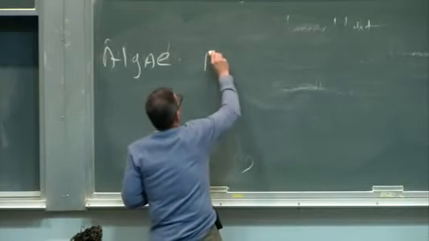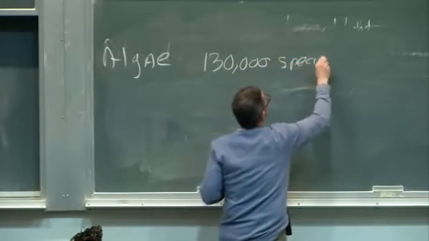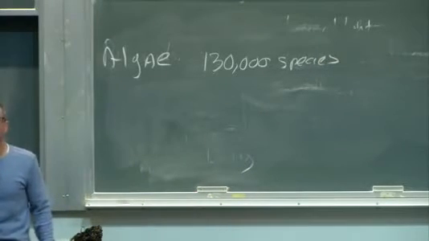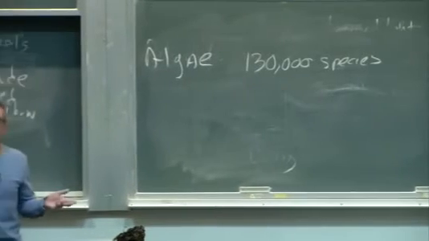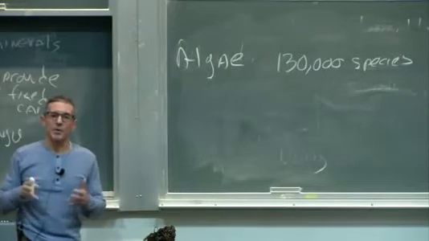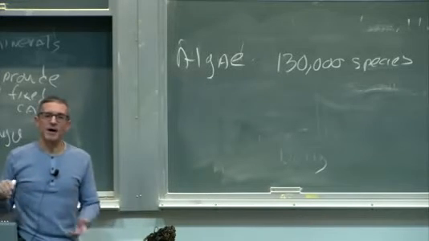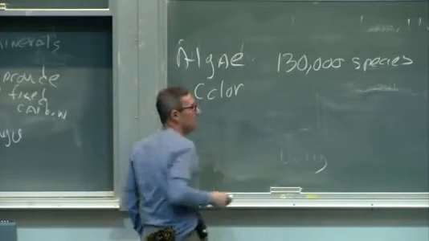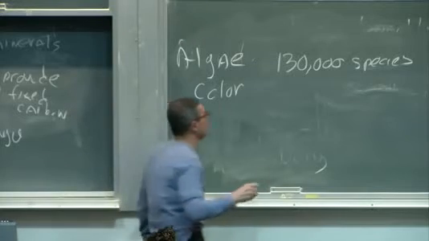There are about 130,000 species of algae, at least that have been identified, probably more that remain unidentified. Linnaeus classified them based upon some characteristics that he thought would make them part of this group. Many of the other ways of classifying the algae depend upon other characteristics. For example, color. If you look at the algae, you find that they can fall into 4 different groups based on color.